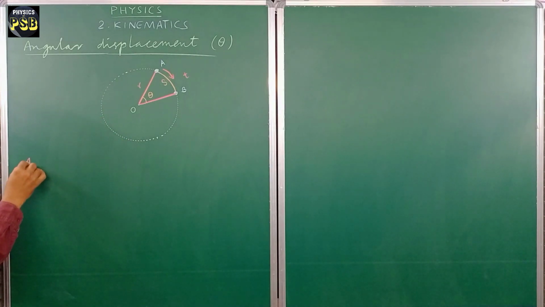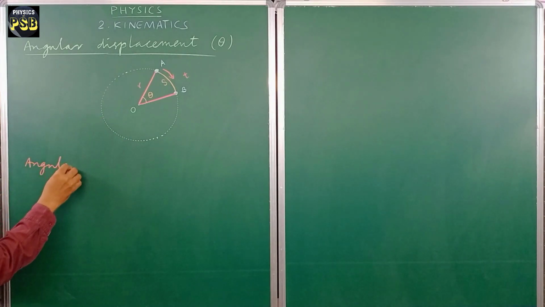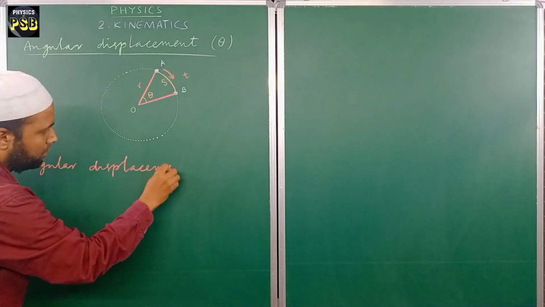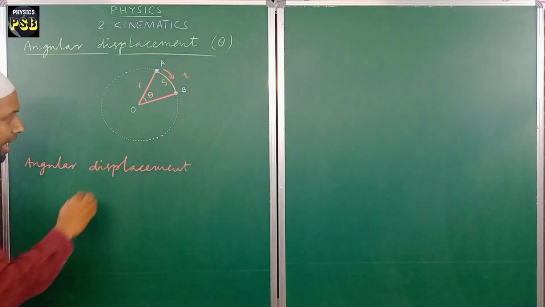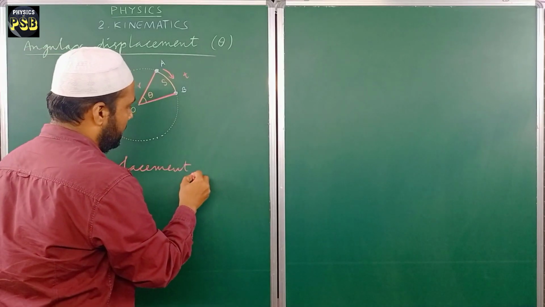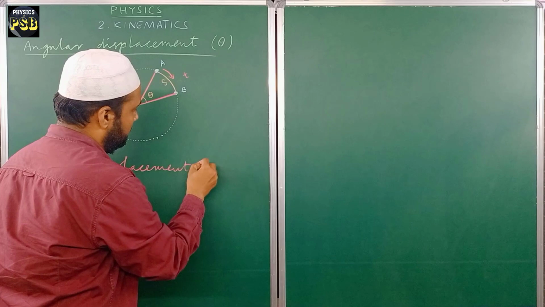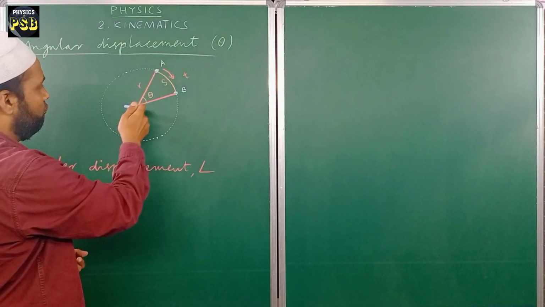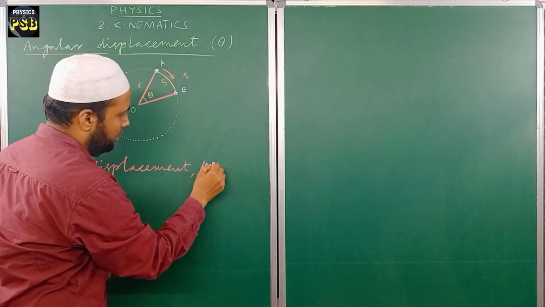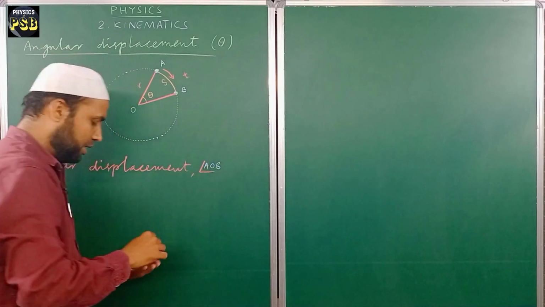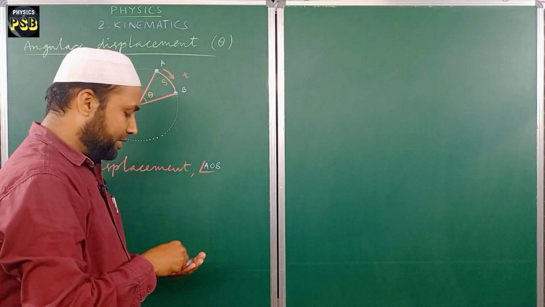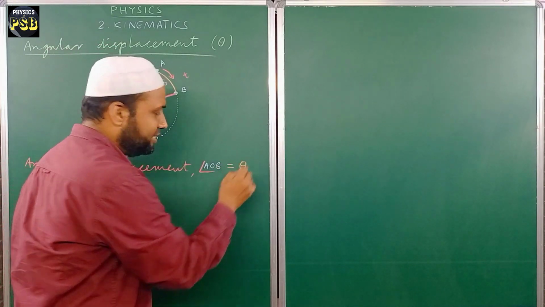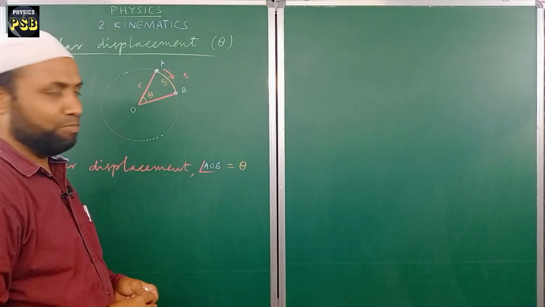Here angular displacement is nothing but the angle between A, O and B. In the diagram it is represented by letter theta. So here theta represents the angular displacement.